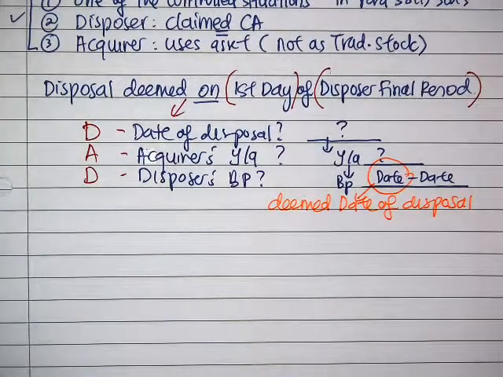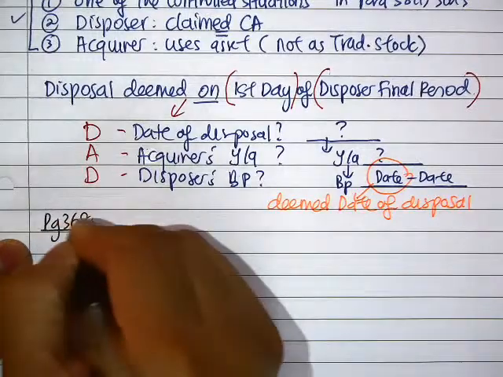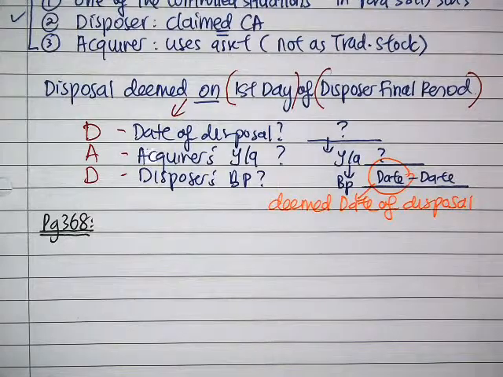Okay. Now we look at case 1. Okay. Example in case 1, page 368. Okay, page 368. Alright, the handout.